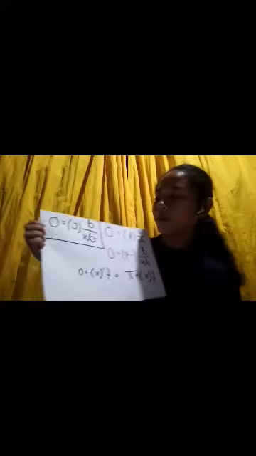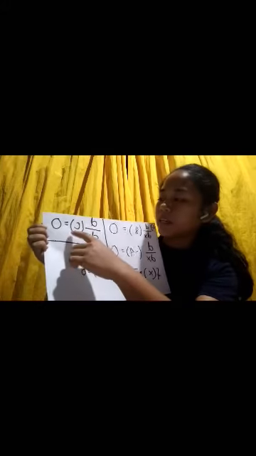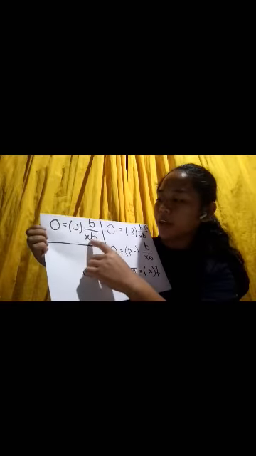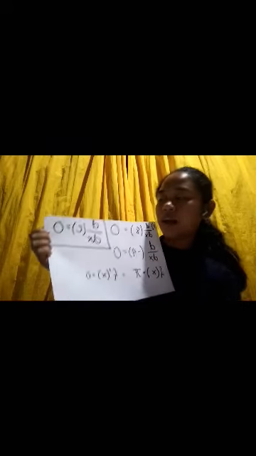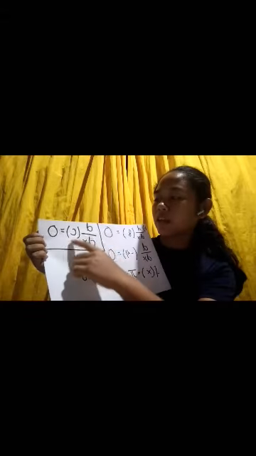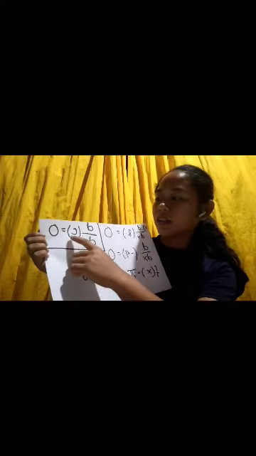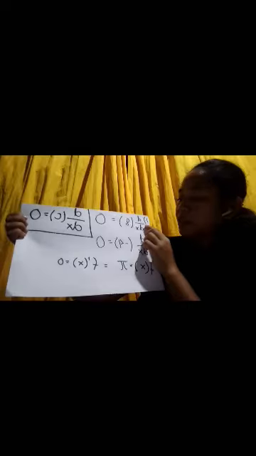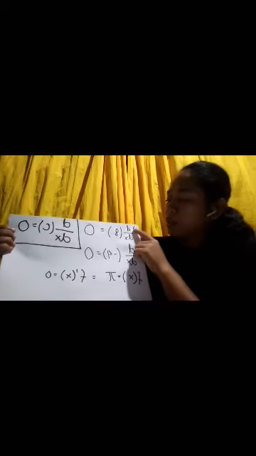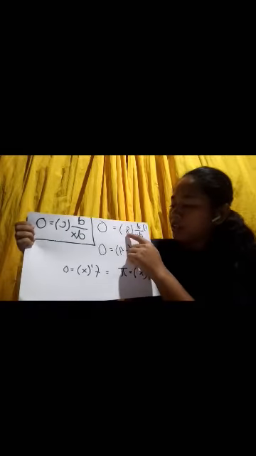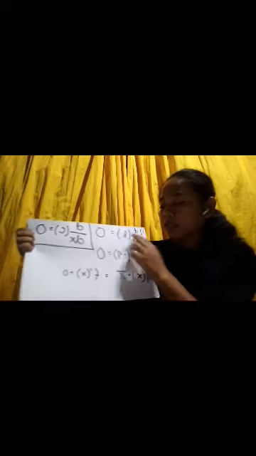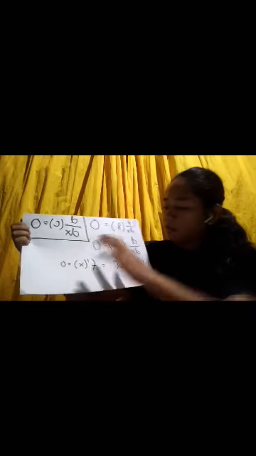So, magsisimula tayo dito sa first formula. Derivative of c with respect of x is equals to 0. Lahat ng numbers na i-derive natin, na constant na i-derive natin, ay 0. Like for the example, dito sa number 1, derivative of 8 with respect of x is equals to 0.